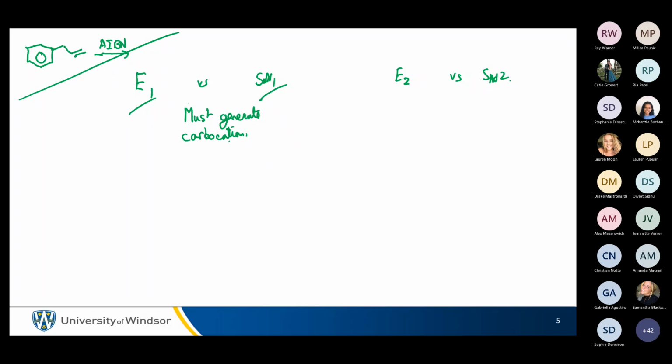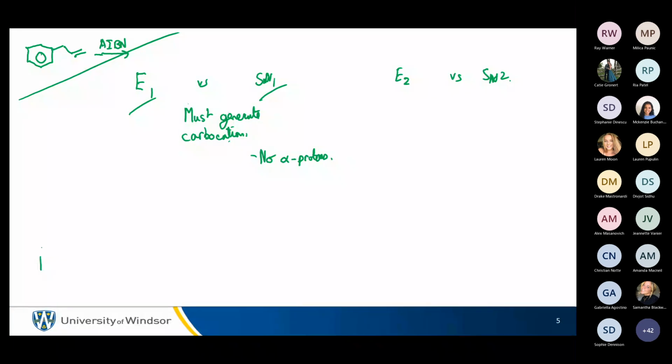And then what causes an E1 versus an SN1? Well, this comes down to the sterics of the nucleophile and the availability of adjacent hydrogens. So if you have a case where you have no alpha protons, for example, what do I mean by that?